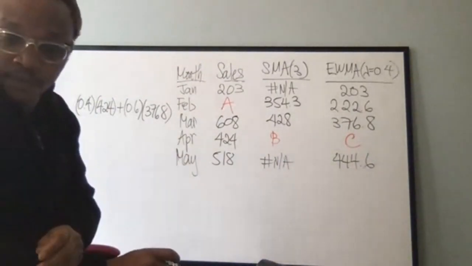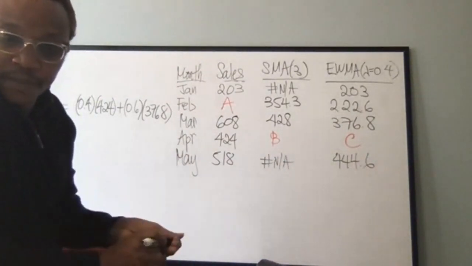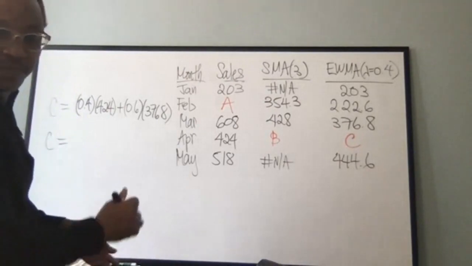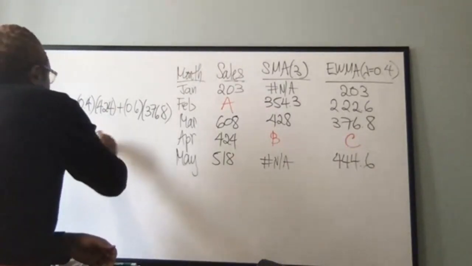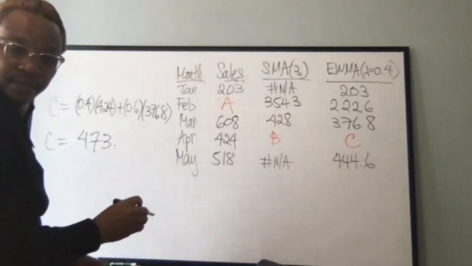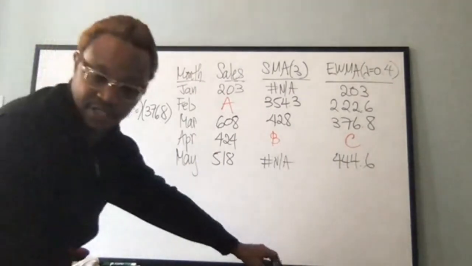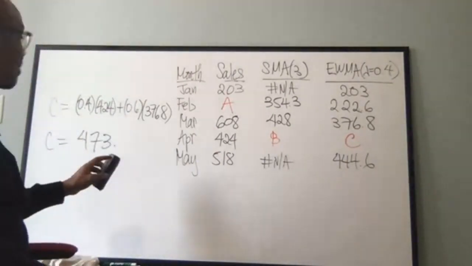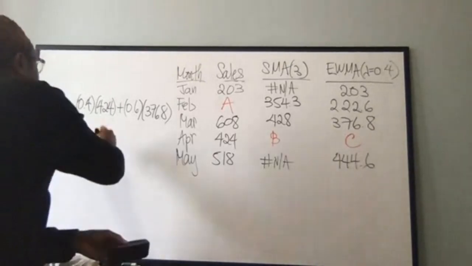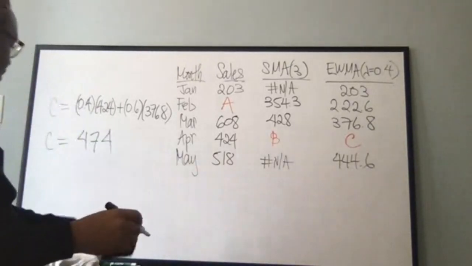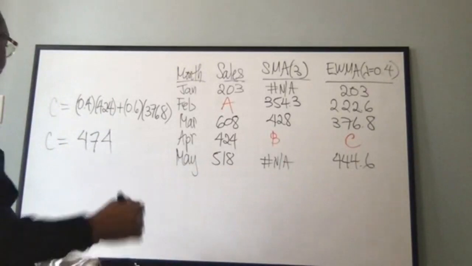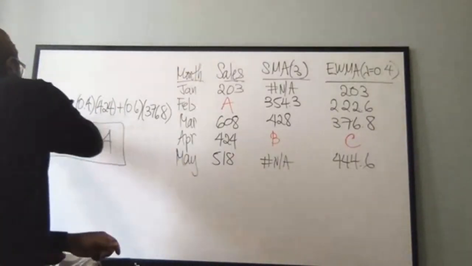All right, so I'm getting, and let me know if you get something different, 473.9, but I think we have to round it up to 474. Okay, so we have that.